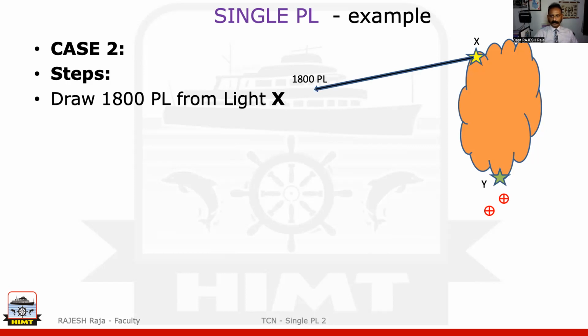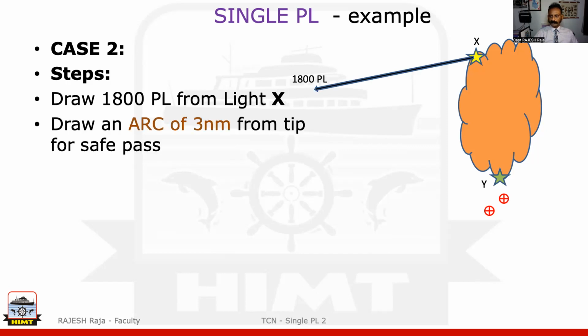And then after that, I have to take an alteration and pass south of the Yankee Lighthouse with a minimum 3-mile clearance. So I'm going to put that condition of a 3-mile arc. I should not be anywhere in this 3 nautical mile range. Since I have only a single PL known to me, that is the only clue to help me achieve my aim of passing at a safe distance.